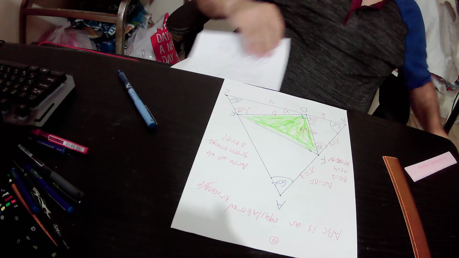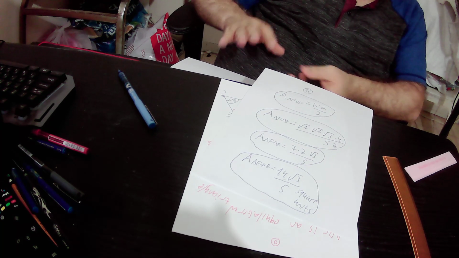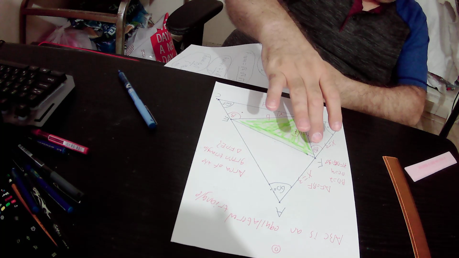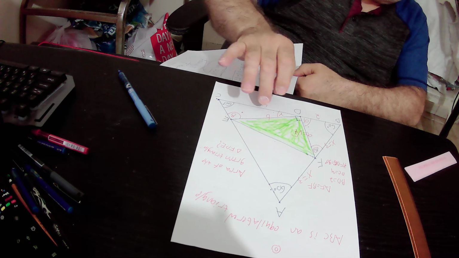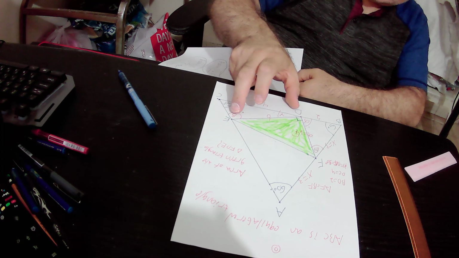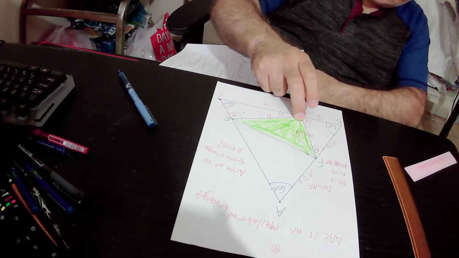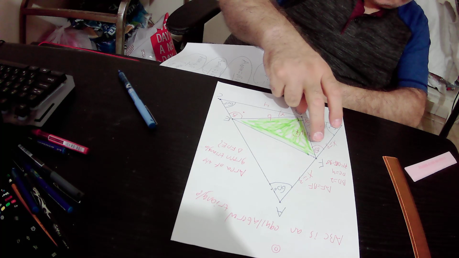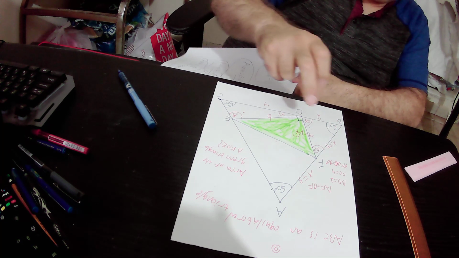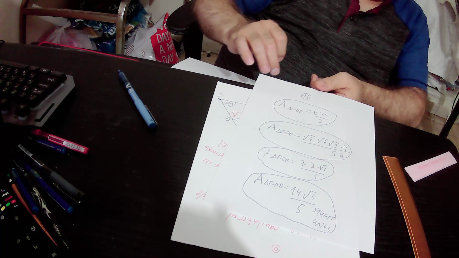You should remember that the height must create 90 degrees with the base B, and the height A creates 90 degrees with the base B, because angle FDE equals 90 degrees. So A is indeed the height of the right triangle and B is the base. So A times B over 2 is the area of the green right triangle FDE.